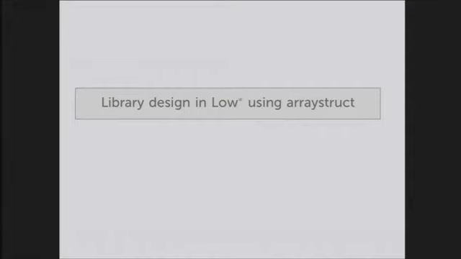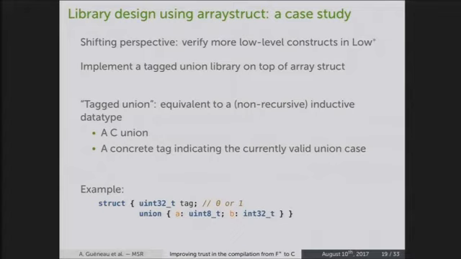And as I said earlier, shifting perspective, another thing we can do to add some trust to this compilation pipeline is to just verify more things in Low*. And this is what motivates this experiment of using RStruct to build a tagged union library on top of it. So to be more specific, a tagged union is basically equivalent to a non-recursive inductive data type.